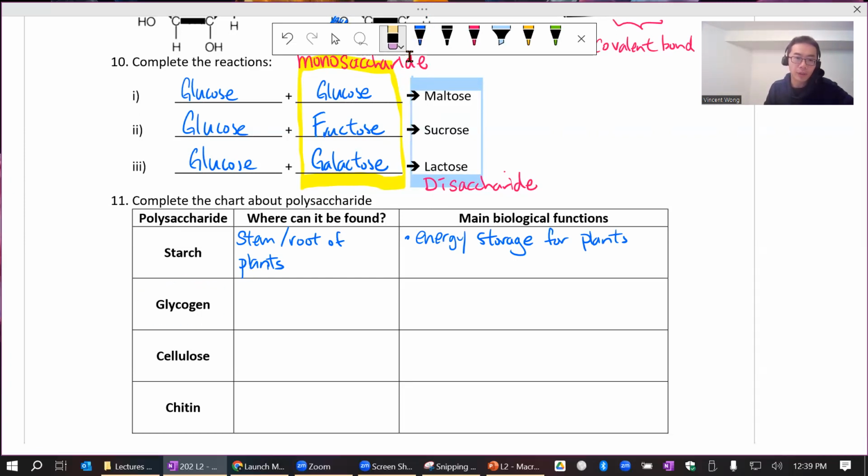Glycogen is another example of polysaccharide. We would find it in animals, including humans. And does anyone remember where in the body we will have glycogen? Muscle? That's very good. And another place?